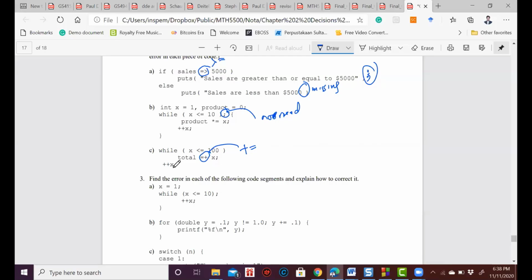Okay, now, this one is inside the while. If y plus is inside the while, yeah, correct. Yeah, we are missing the bracket here.